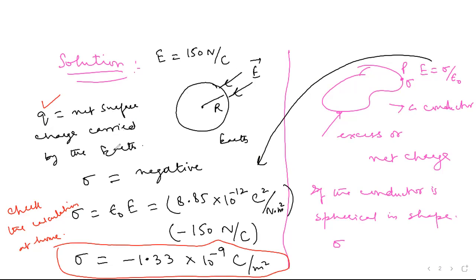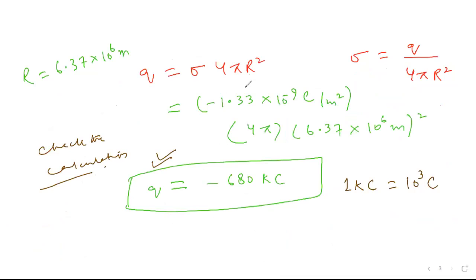Therefore, the net charge carried by Earth must be negative, and we use E is equal to sigma by epsilon naught. To solve for sigma, we took E as negative 150 Newton per Coulomb because it is directed downward. Upward, we take positive direction. Downward, we take negative direction. Then we solve for sigma. Then using 4 pi r square for the surface area of the spherical Earth, we solved for Q, which is our answer. So this is all for today.